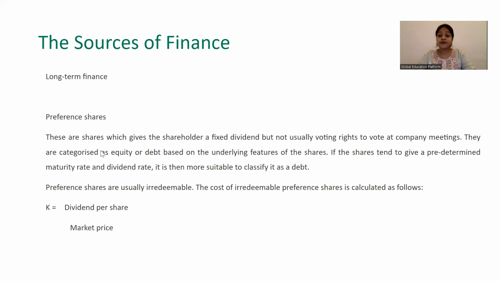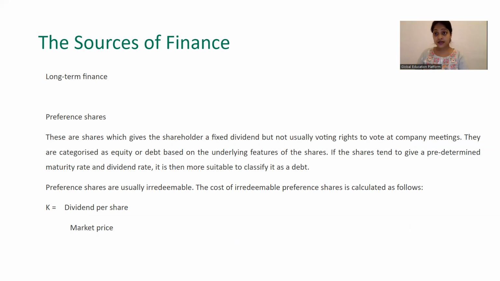Okay, and then we have preference shares here, right? Preference shares are shares which give the shareholder a fixed dividend, but not usually voting rights. So this is the difference between ordinary shares and preference shares.